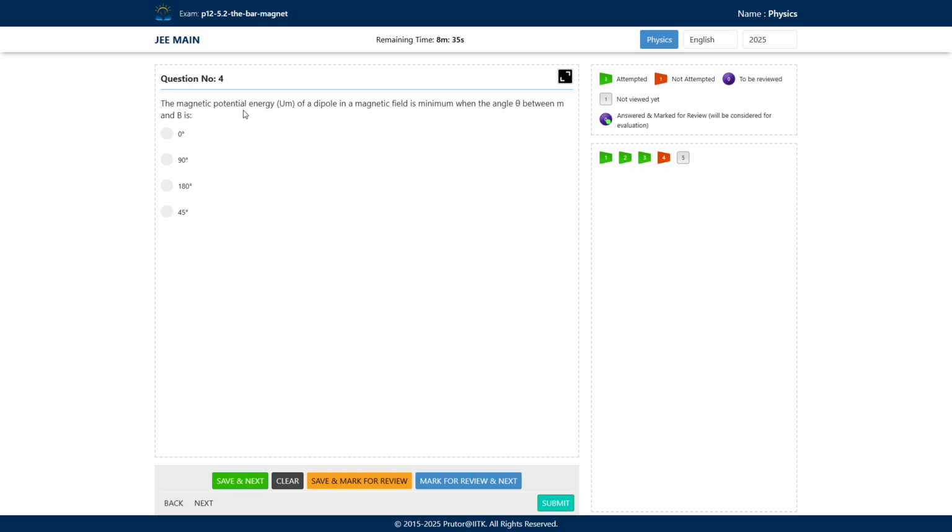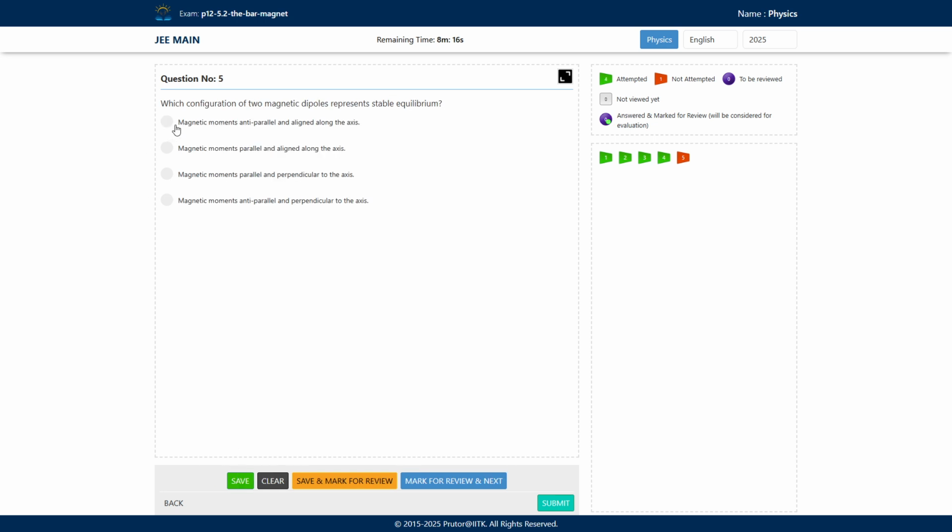The magnetic potential energy of a dipole in a magnetic field is minimum when the angle between m and B is. Which configuration of two magnetic dipoles represents stable equilibrium?